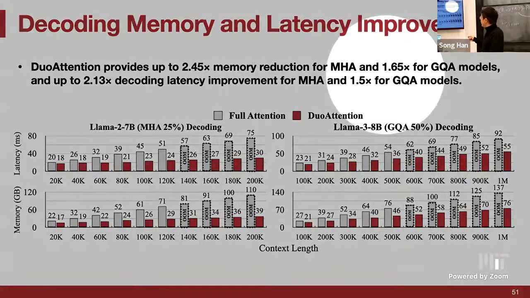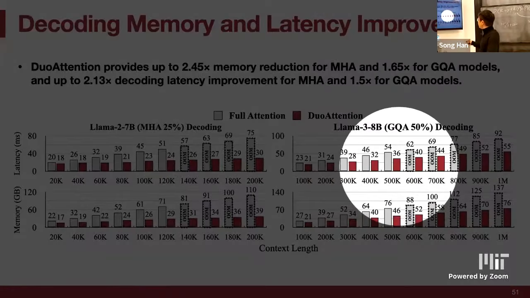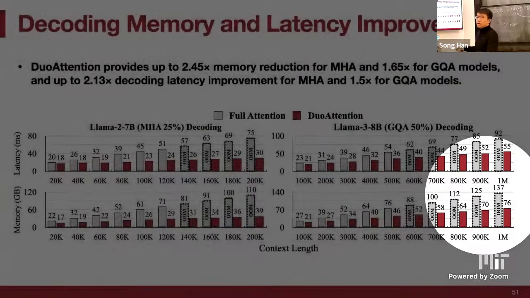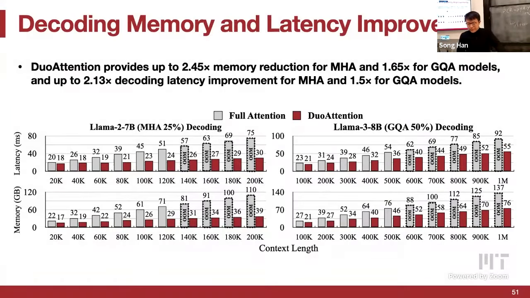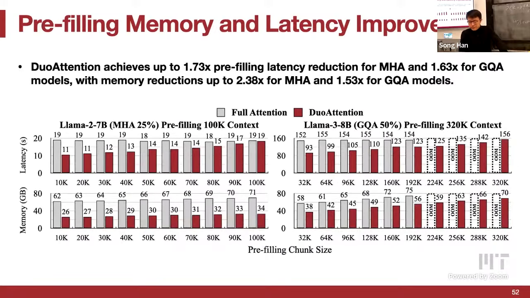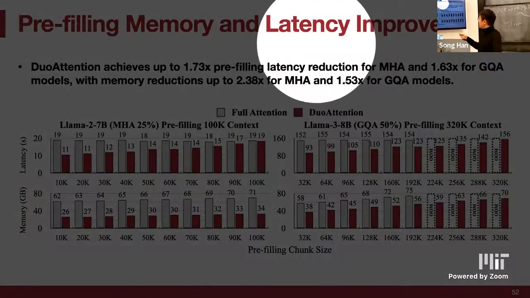Previously, using the baseline method, you ran out of memory at roughly 500K context length, but now you can go all the way up to 1 million. 500K is like a half-hour video; with 1 million, you can now understand one hour of video. So this is the pre-filling memory and latency improvement.